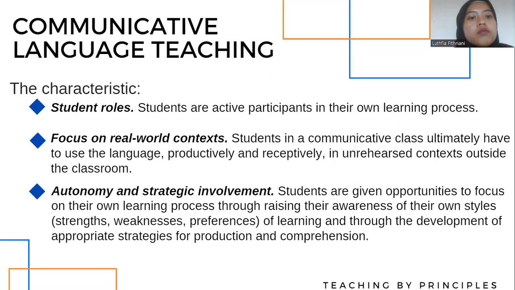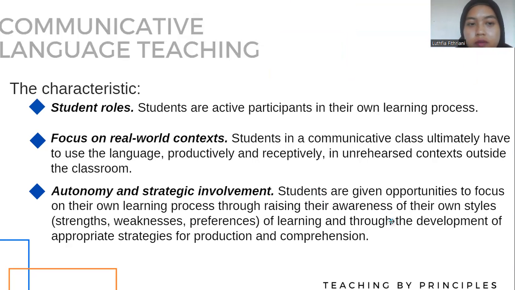And the last characteristic is autonomy and strategic involvement. Students are given opportunities to focus on their own learning process, raising their awareness of their own style, strengths, weaknesses, and preference of learning, and through the development of appropriate strategies for production and comprehension.